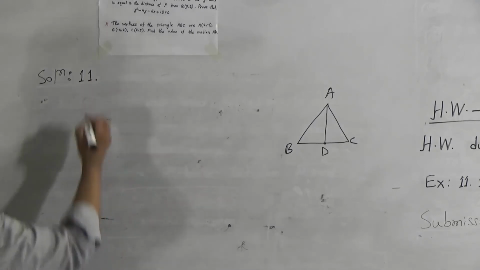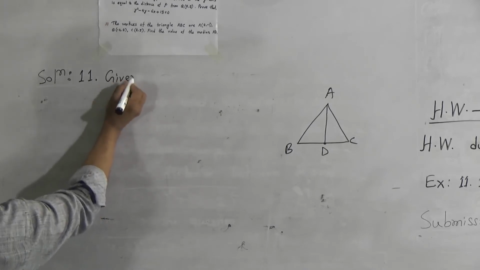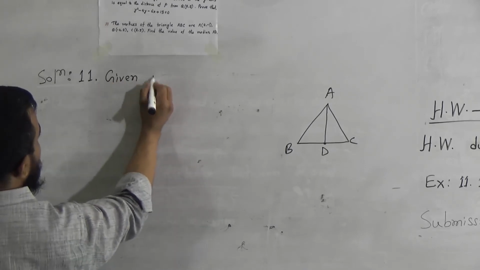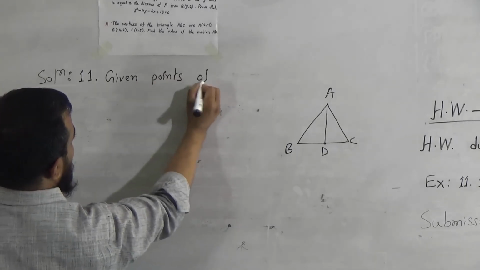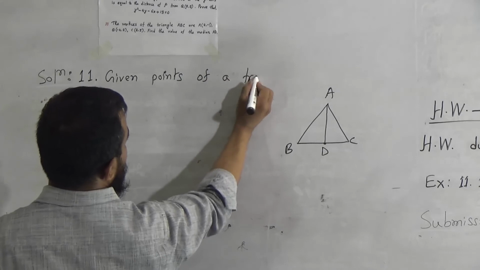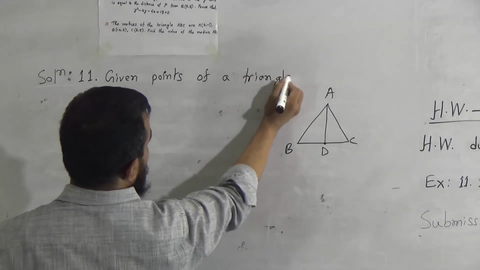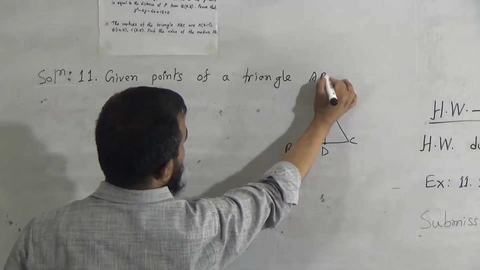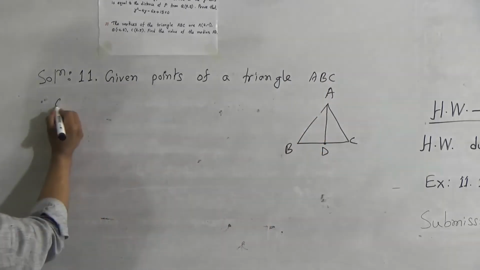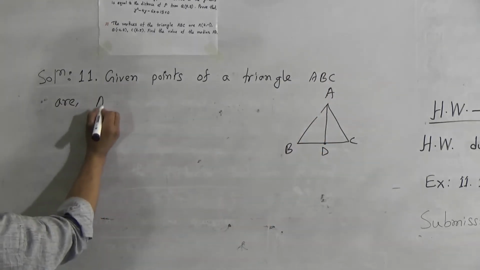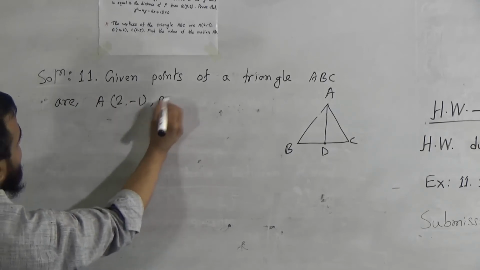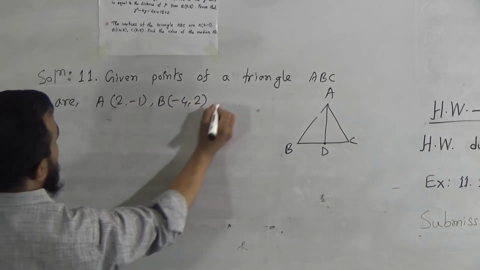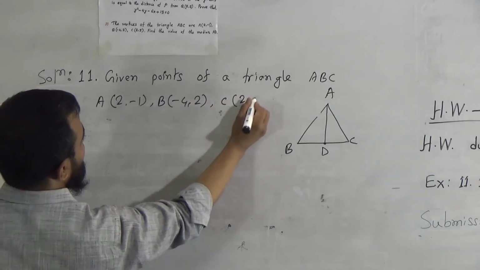My dear students, given points of a triangle ABC are: A is (2, -1), B is (-4, 2), and C is (2, 5).